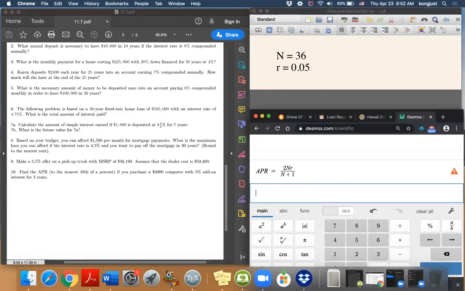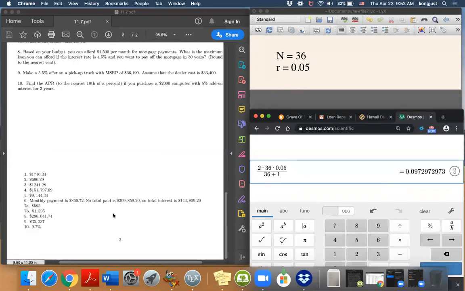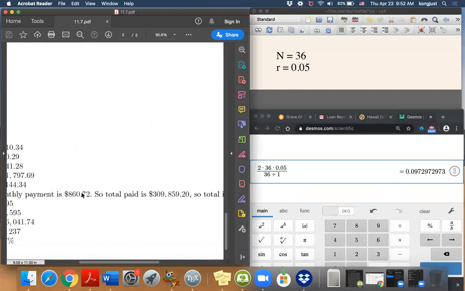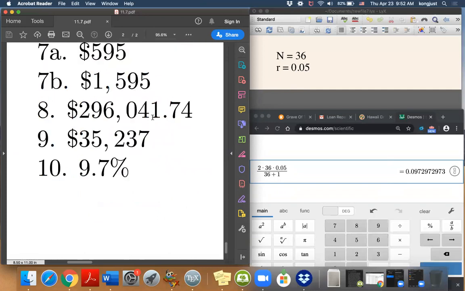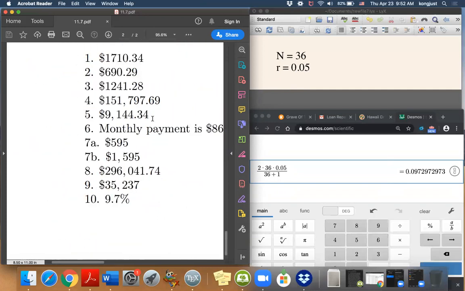So those are the two values. 2 times 36 times 0.05, divided by 36 plus 1. So 0.097, as a percent that's 9.7 to the nearest tenth of a percent. And yep, that matches what I have right there.